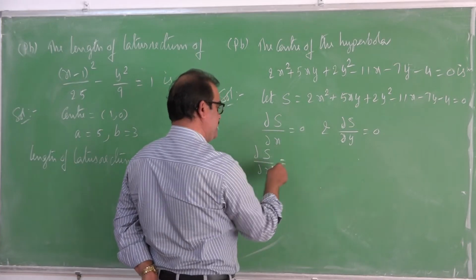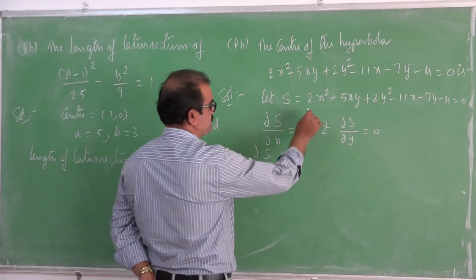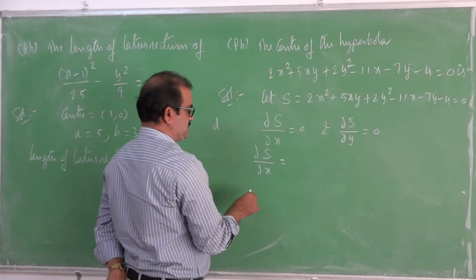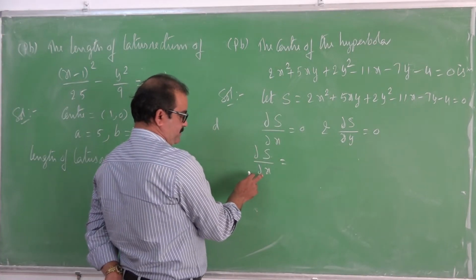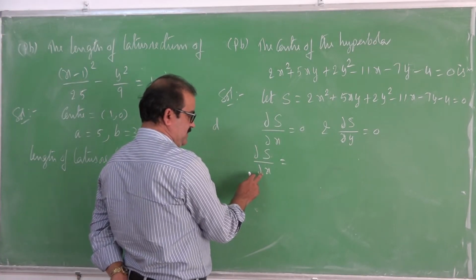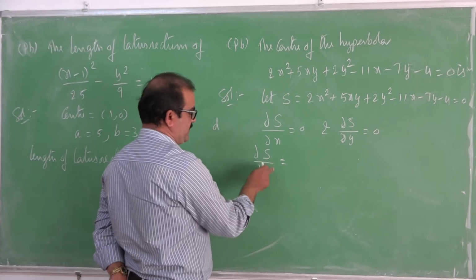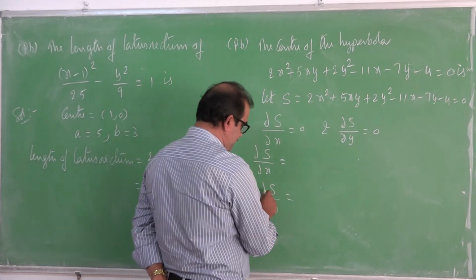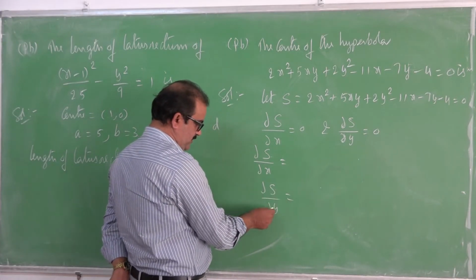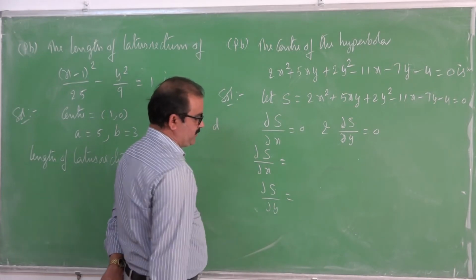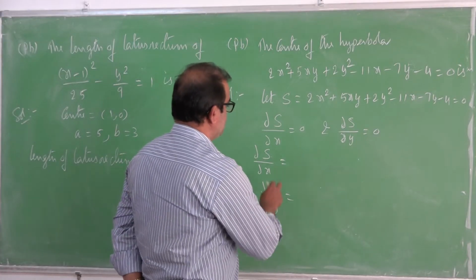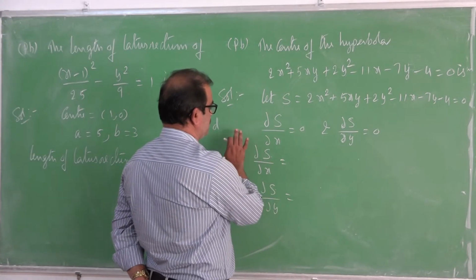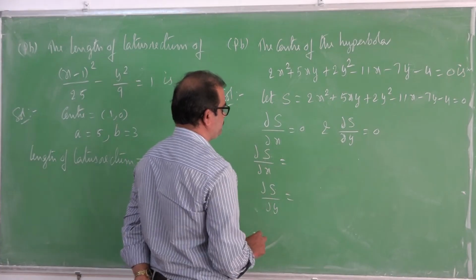Apply the same formulas as in derivatives. To find partial derivative with respect to y, dou s by dou y, take y as variable. That is the main difference between ordinary derivative and partial derivative.